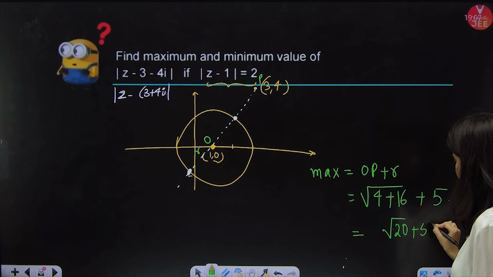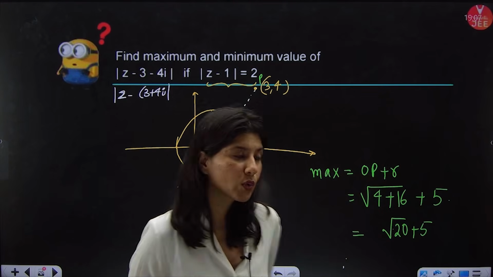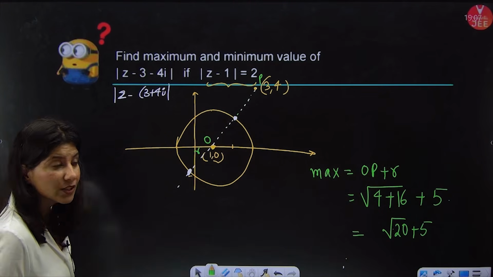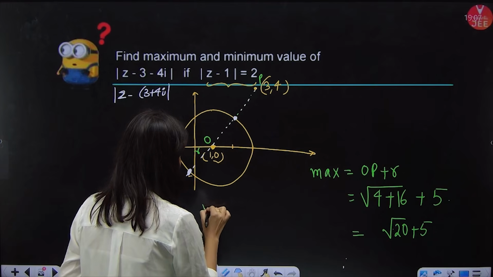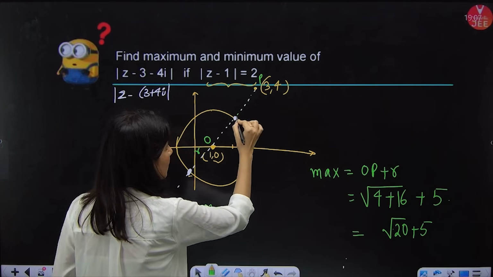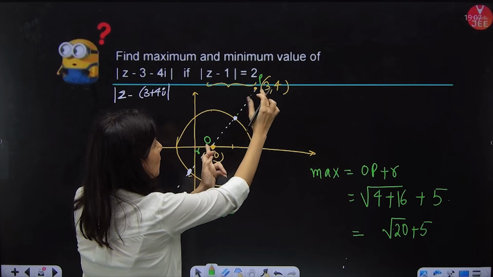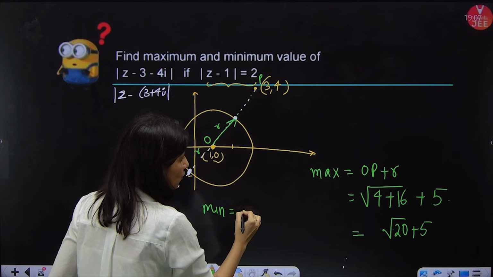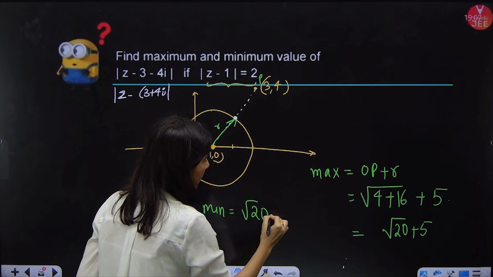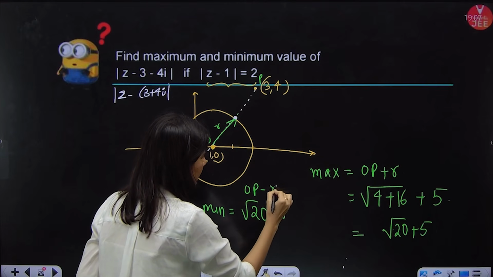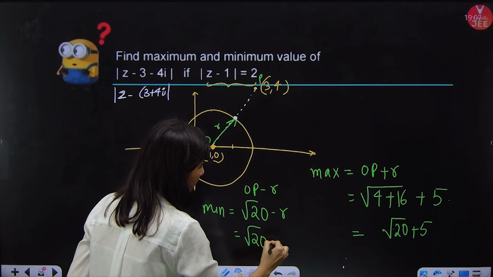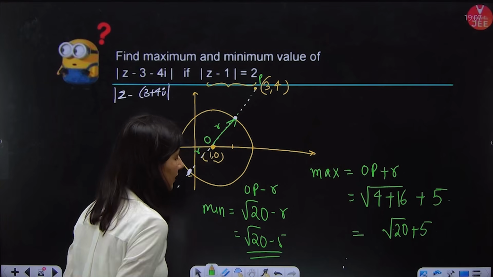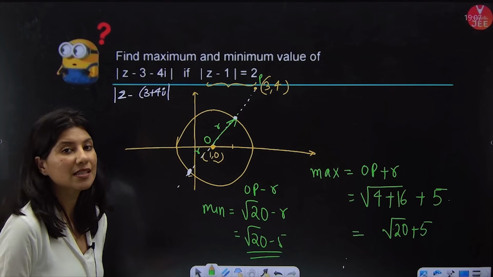This is your maximum value. Now minimum value. For the minimum value, obviously this is the point, this is the minimum distance. So OP minus radius. OP is root 20 minus radius. So root 20 minus 5 is absolutely right. This is the minimum value. That is the maximum value.